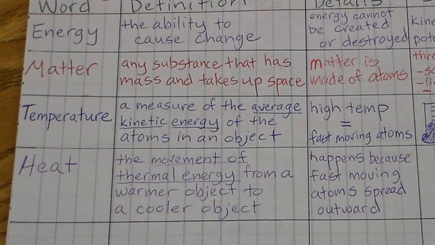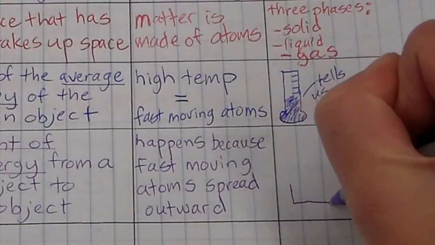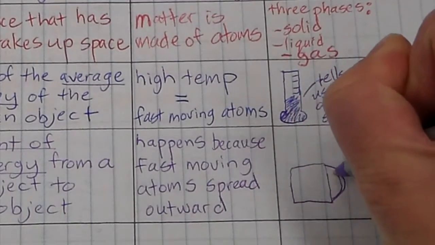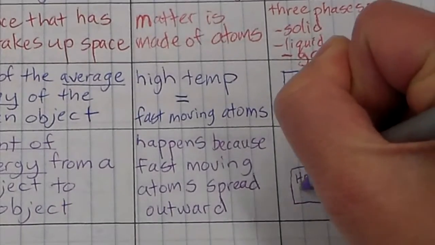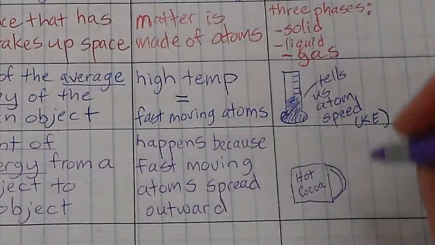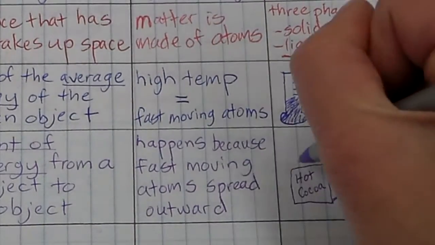So I'm going to draw an example of this using a pretty common material, something like hot chocolate or coffee. We know that if we have a mug, I'm going to draw a mug here, and there's its handle. If we have a mug of, let's say, hot cocoa, or hot chocolate, we know that it is going to be warm. It's going to be hot.